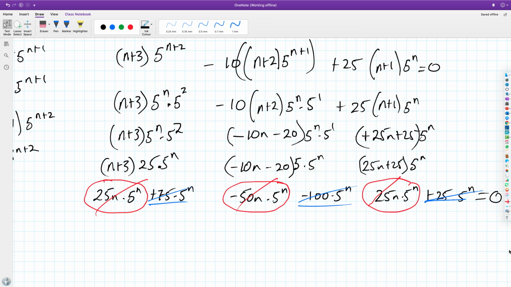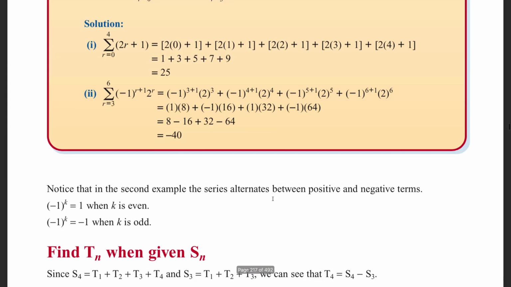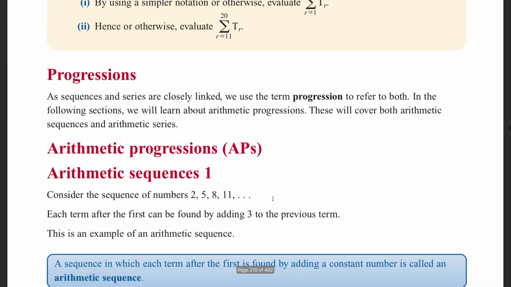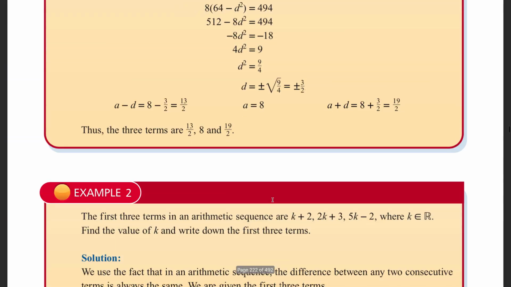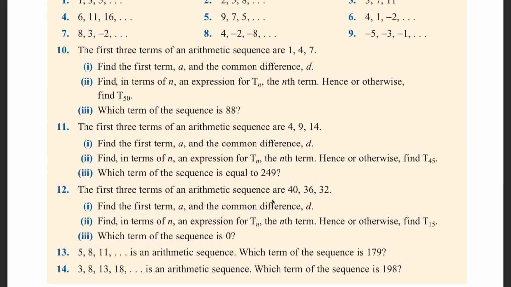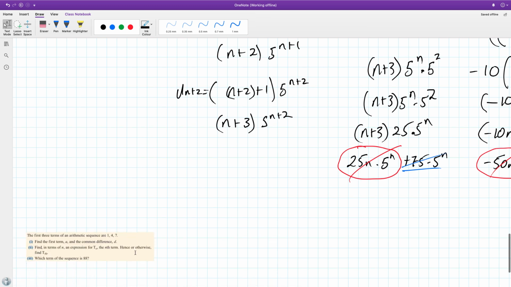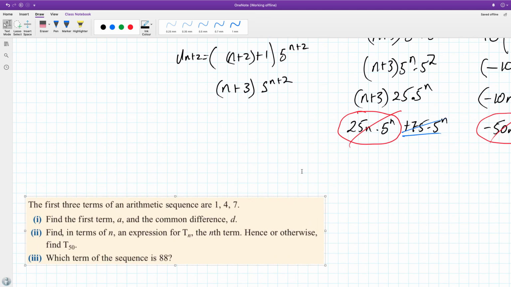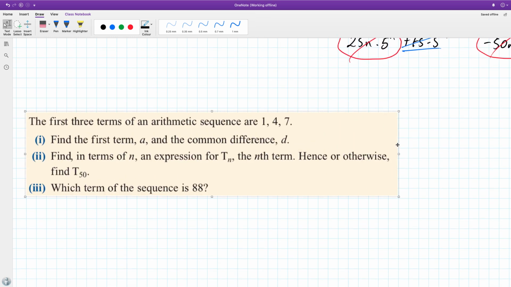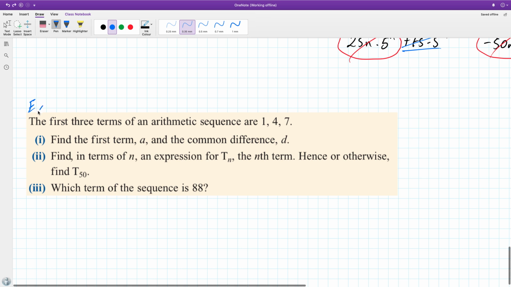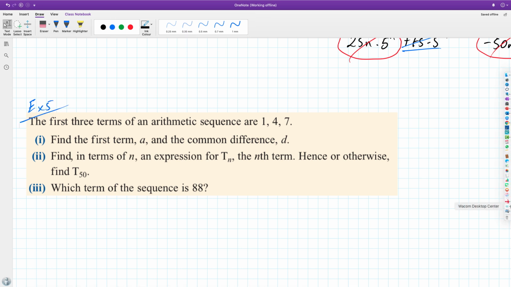Right, so with that in mind, have a go at the following for me. Off you go.